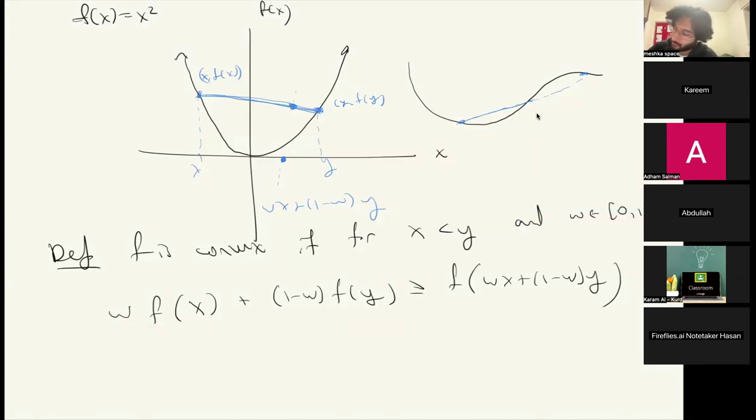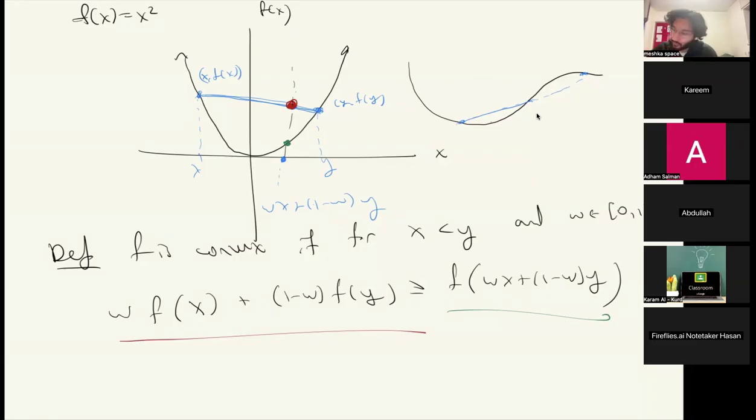So this here, the height is this. But on the other hand, if I go here, this is equal to this. Does the picture make sense? The left-hand side is just the y coordinate where the line between x and y intersects, and the right-hand side is where the graph intersects.